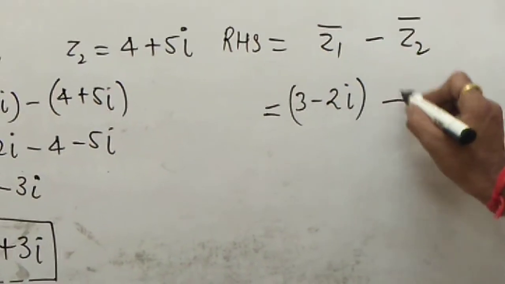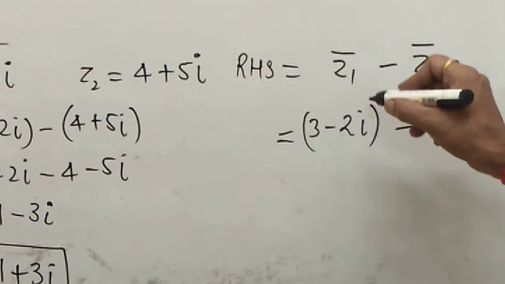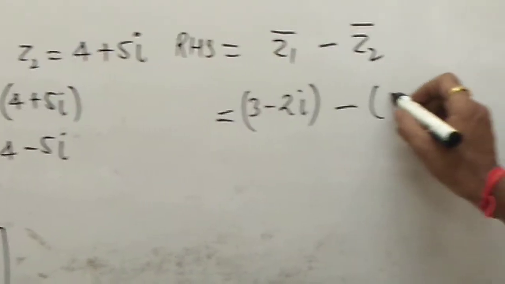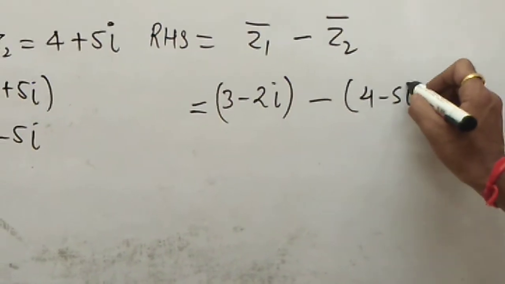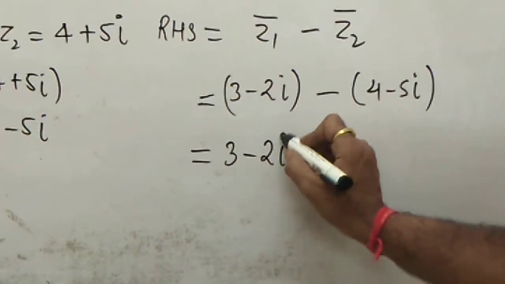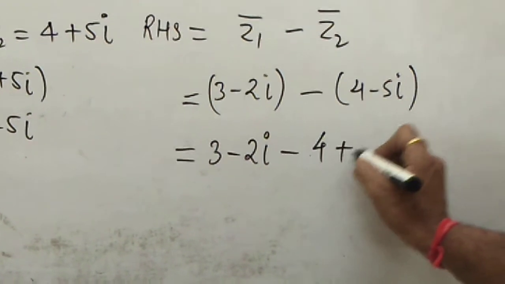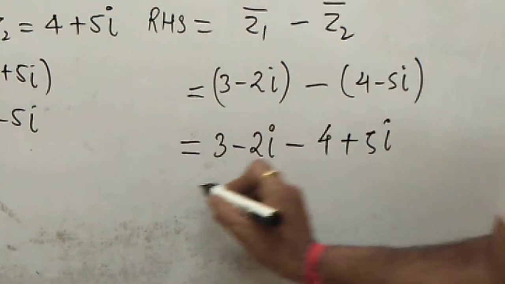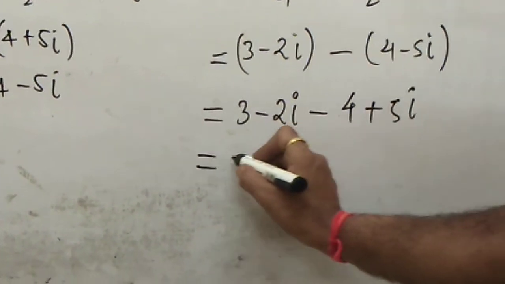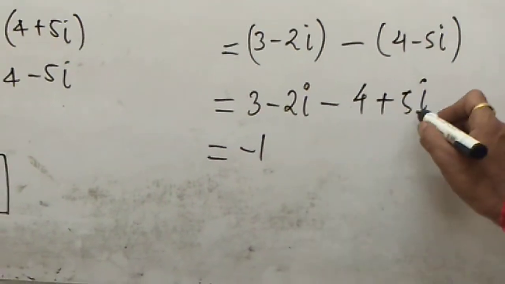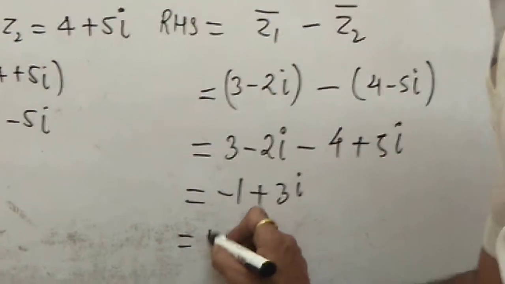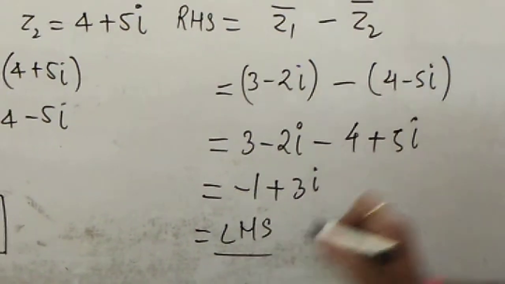Because first we find the conjugate and then we subtract, and the same for 4 plus 5i, so here 4 minus 5i, and then 3 minus 2i minus 4 plus 5i. So 3 minus 4 is minus 1 and minus 2 plus 5 is 3i. So the resultant value has no change, same as the left hand side.